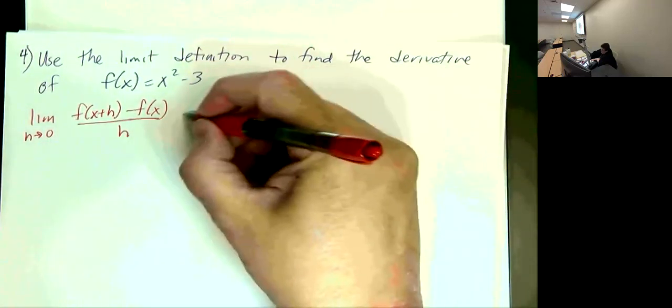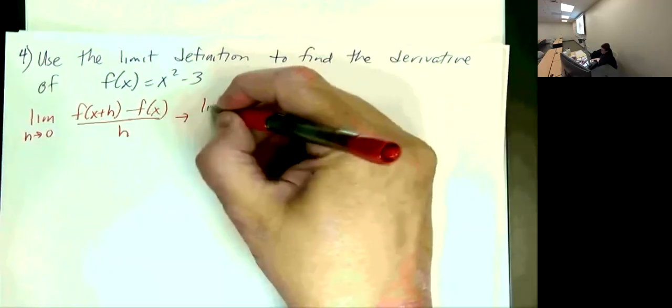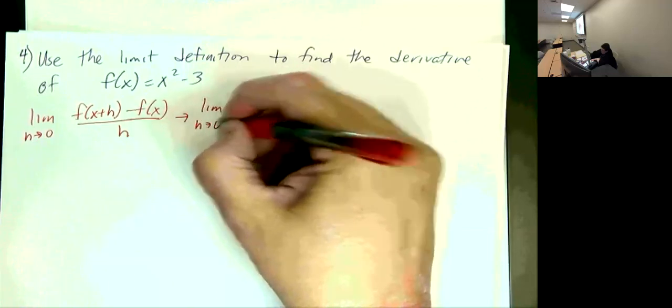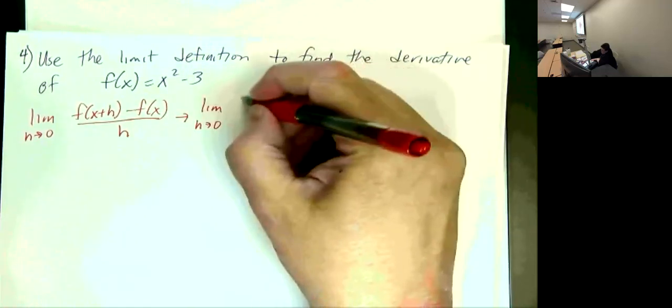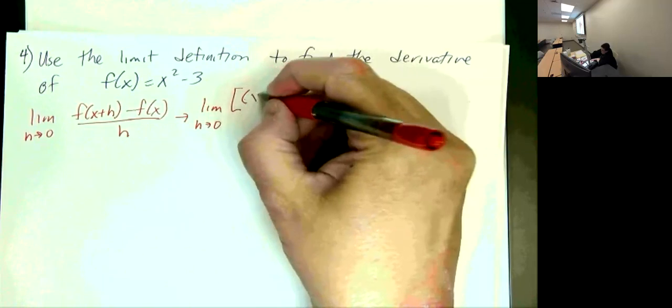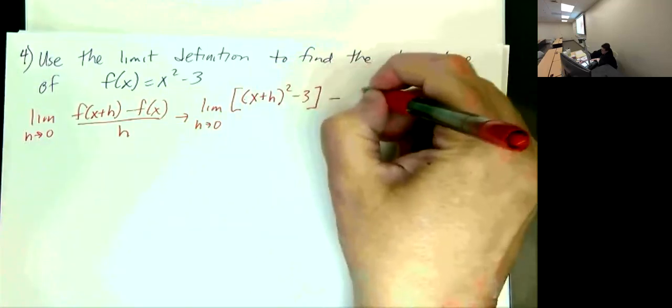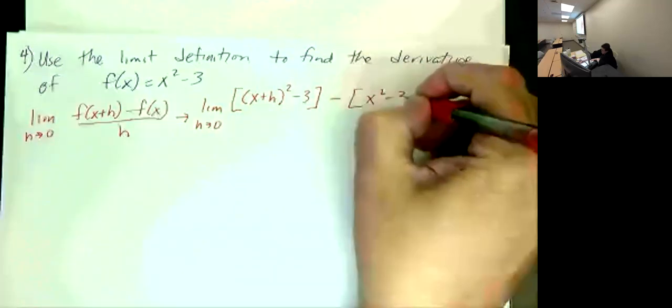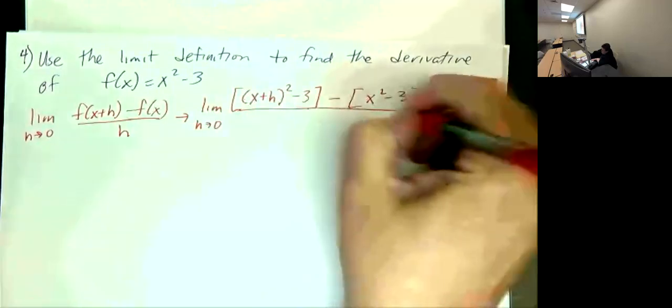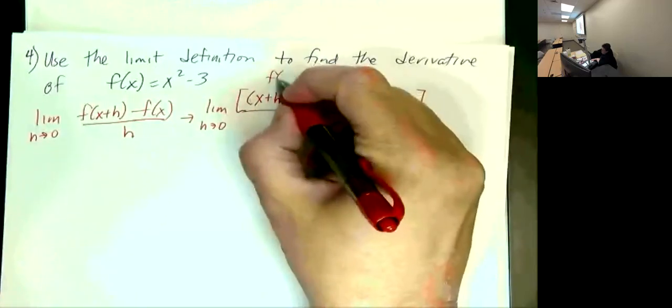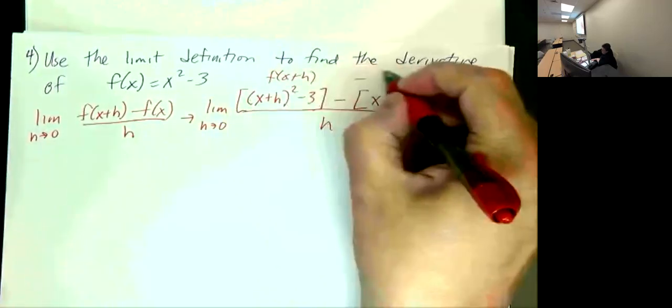So how does this apply to ours? We've got limit as h goes to 0. f of x plus h: everywhere I see an x, I'm going to replace it with x plus h. So that's my f of x plus h minus f of x.